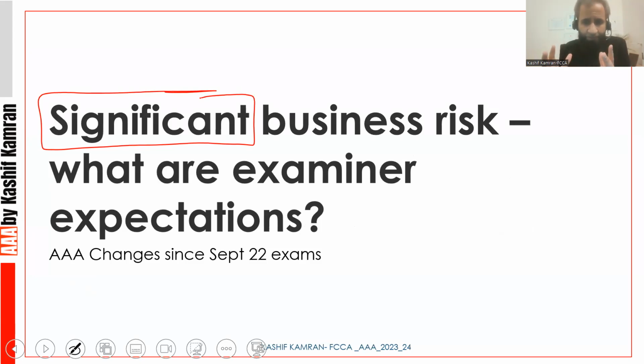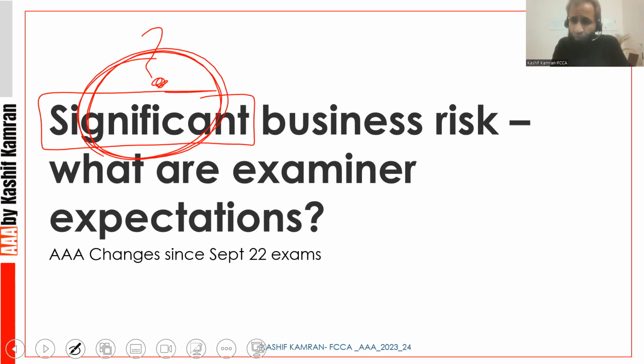Now, you all know how to answer business risk. That is not changing. And I'm not discussing that at all because these are webinars, right? What I'm discussing is this. What are the examiner expectations with significant? What should you demonstrate in your answer when you are writing a business risk to justify this?